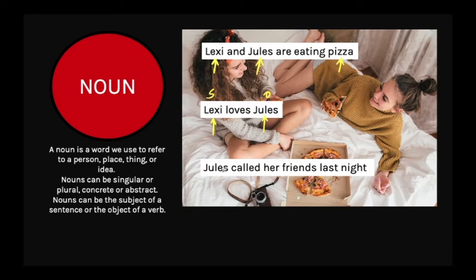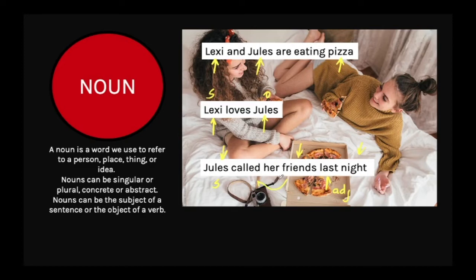And Jules called her friends last night. In this case, Jules is a noun, friends is a noun, night is a noun, last is an adjective, and her is a possessive adjective. But Jules is the subject of the sentence, and friends is the object of the verb. Who did Jules call?